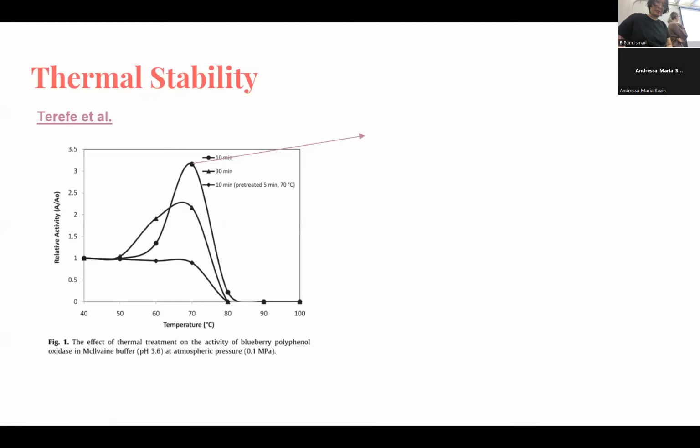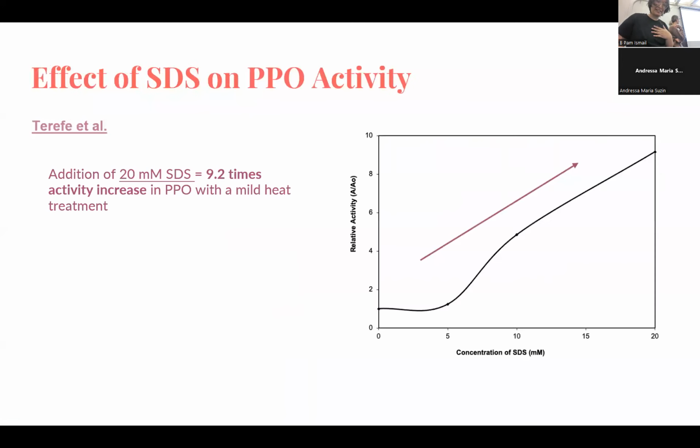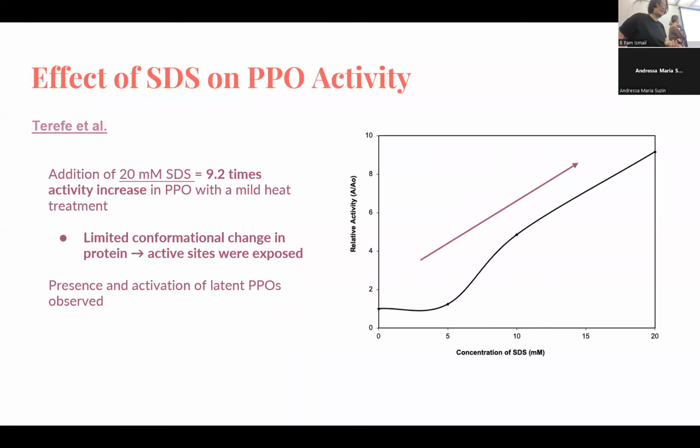Sure. I don't know if there's a slide. The paper initially hypothesized that they could combine pressure and temperature, adding a little bit of pressure and then maybe lowering the temperature just to prevent any degradation of the blueberries.